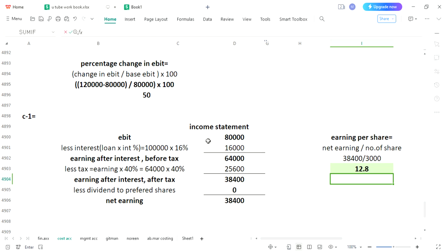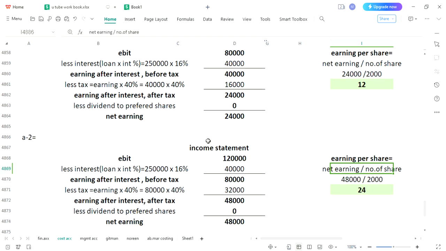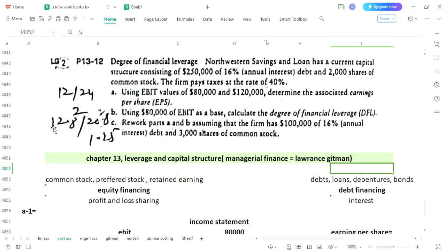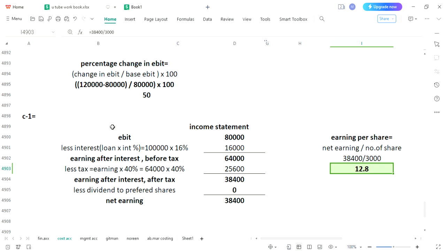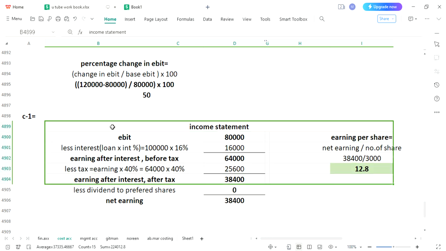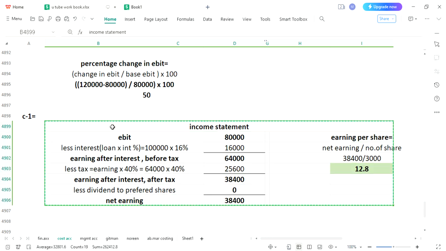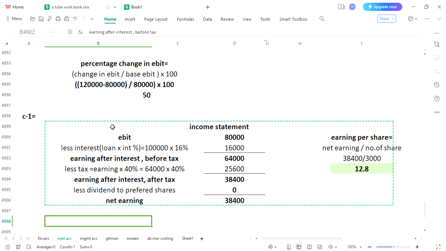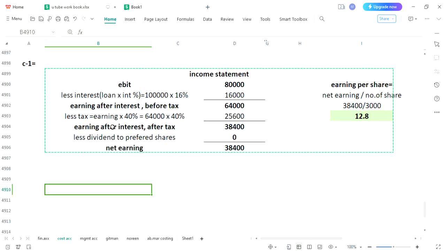So we have got our first earning per share, which is 12.8. Let's get back to the question, and you can see 12.8 is your first answer, and we have calculated 12.8 as well.